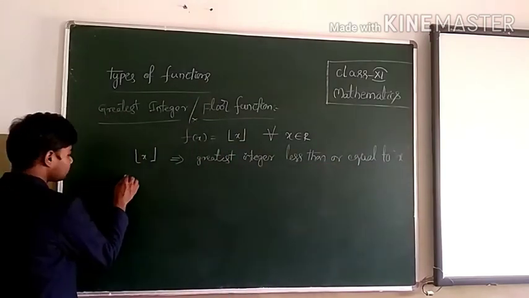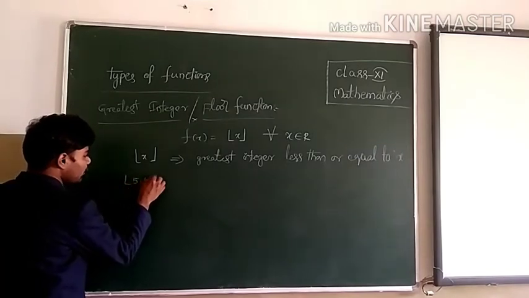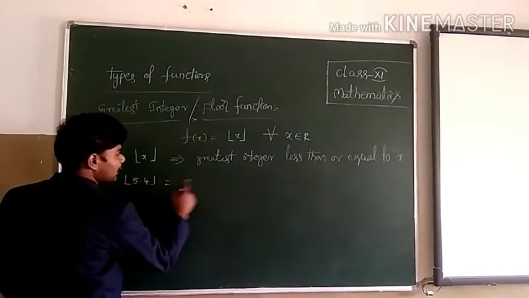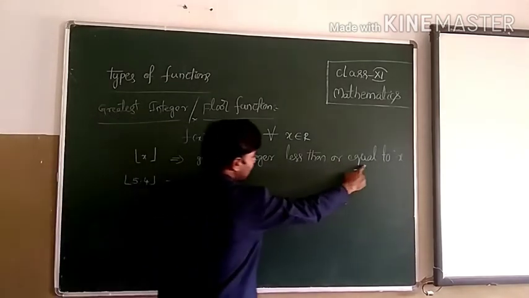For example, take 5.4. The greatest integer less than or equal to 5.4 is 5. Suppose it is 4.3, then this value is 4. If we take 7.4, this value gives again 7, because the meaning of this function is the greatest integer less than or equal to x.